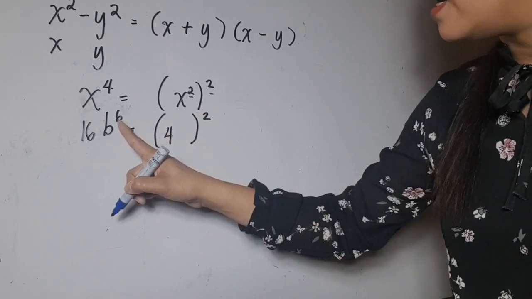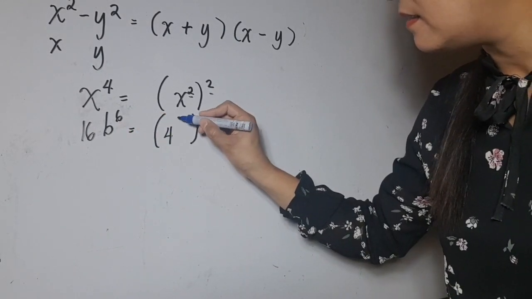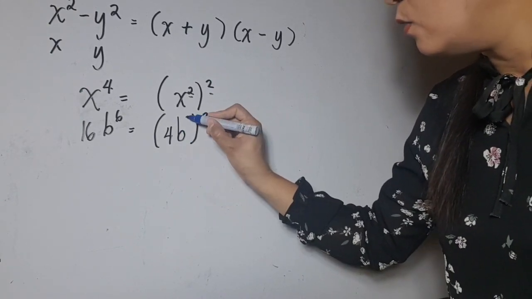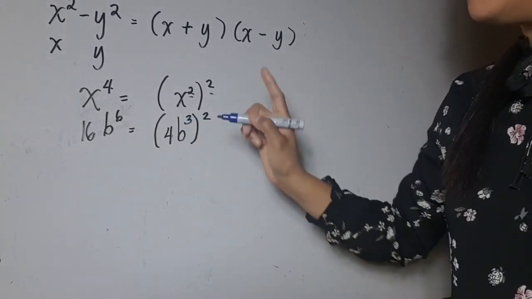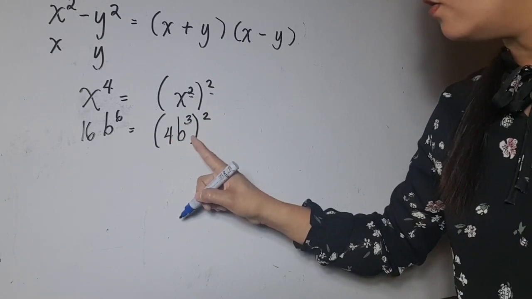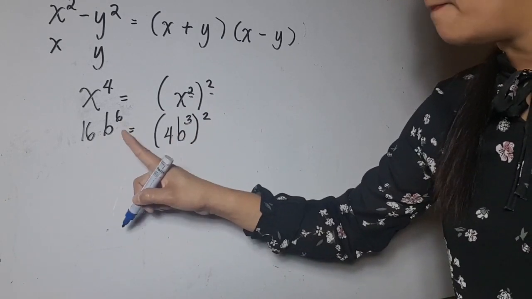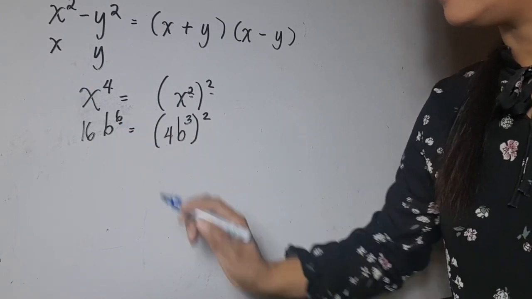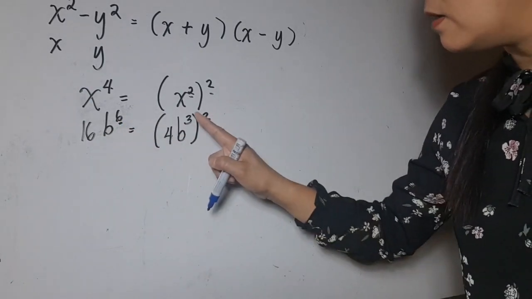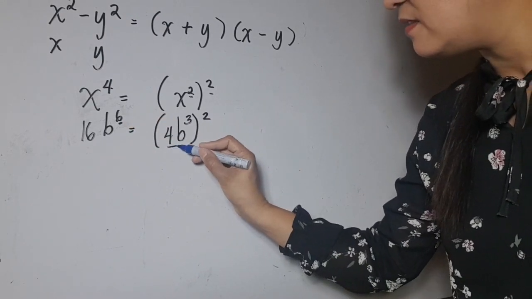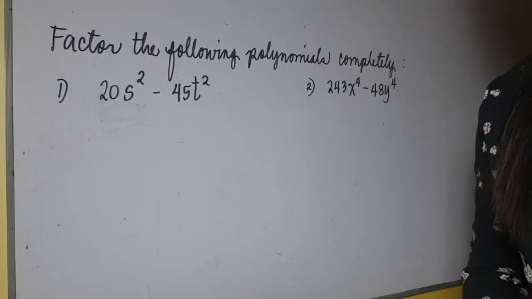So, para makakuha ka ng b to the sixth, it must be b cubed. Okay, so 4b cubed squared is equal to 16b to the sixth power. Because 3 times 2 is 6. So this is your square root.